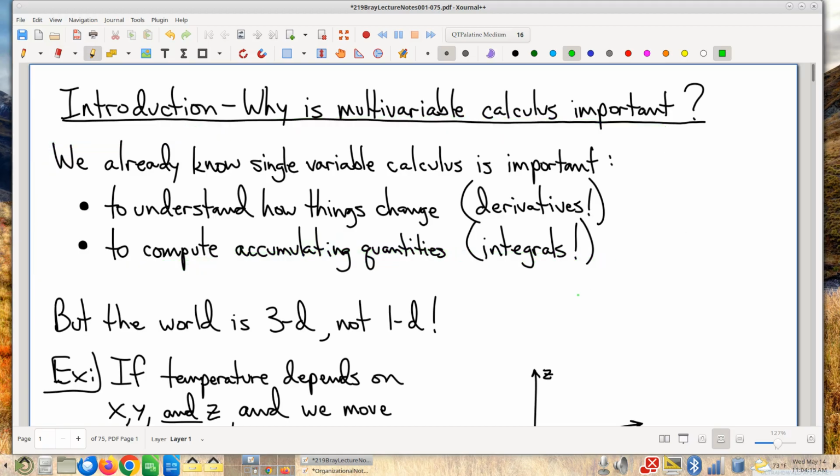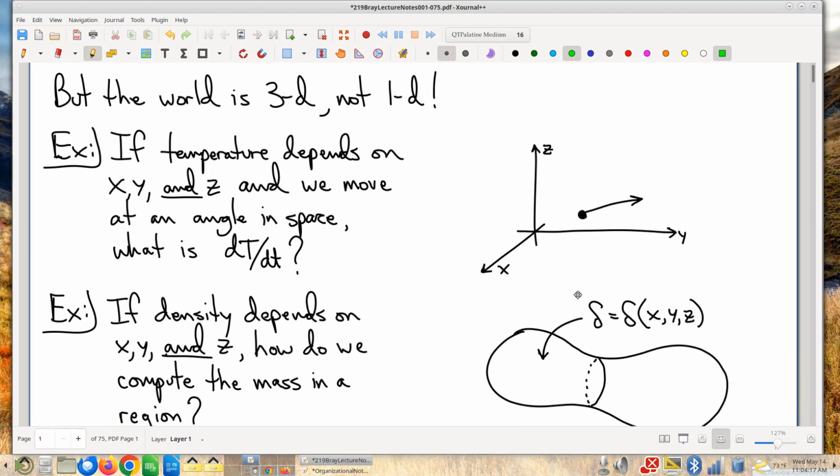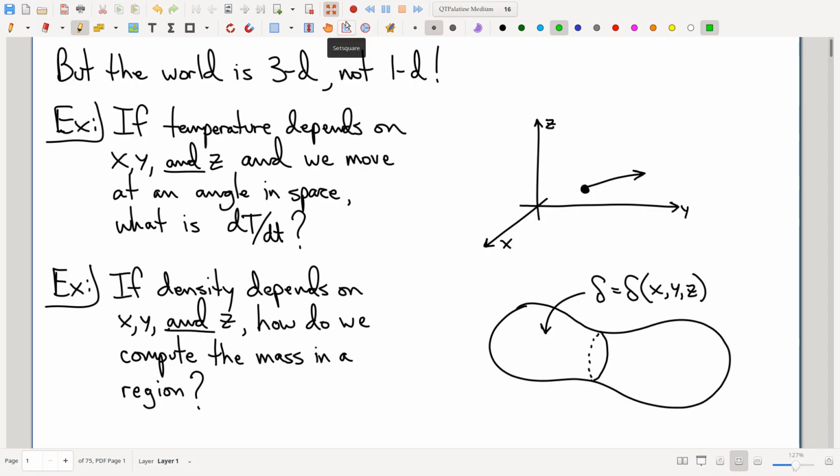Hopefully you're already persuaded. So, okay, here's the problem with single variable calculus. Let me go ahead and switch over to the full screen mode here. The world is three-dimensional. It's not one-dimensional.